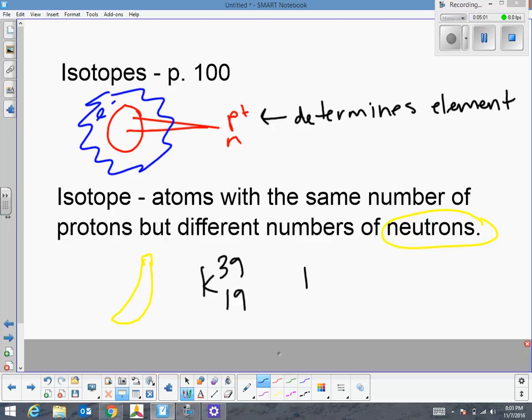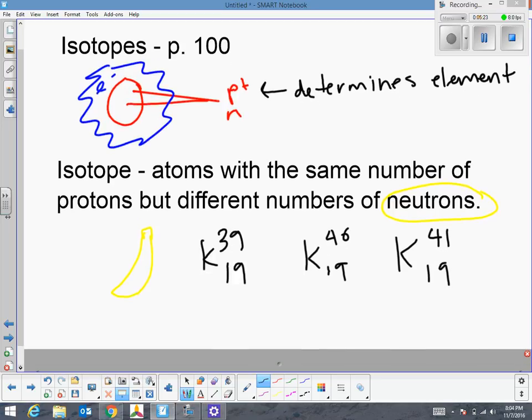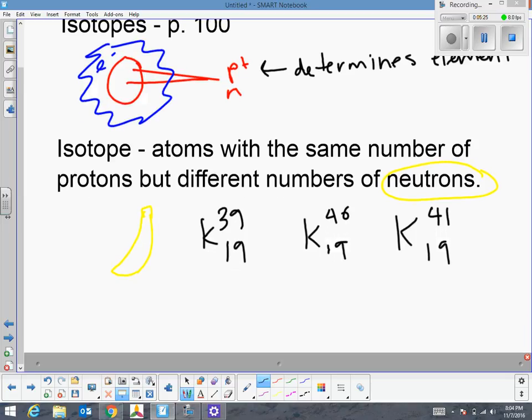Another potassium in that banana is going to have a mass of 40. And another type of potassium atom is going to have a mass of 41. They all have the same atomic number, but they just have different mass numbers. And the relative abundance of these different isotopes is going to be the same from one banana to the next.